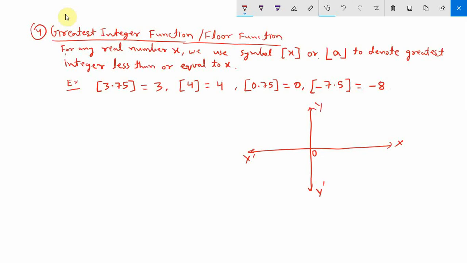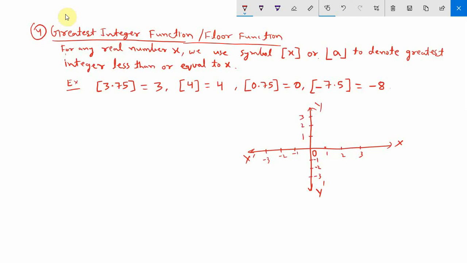So this function will be indicated by, if we represent all integers like this, 1, 2, 3, −1, −2, −3, and on this side −1, −2, −3, 1, 2, and 3.